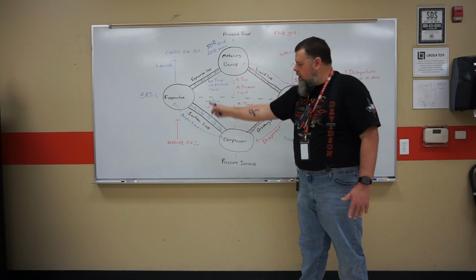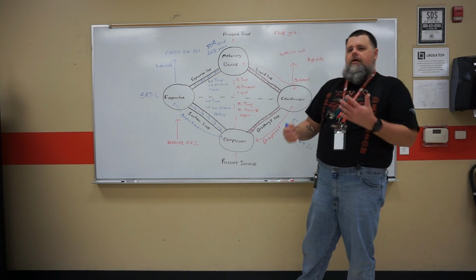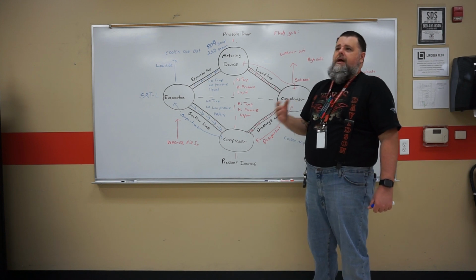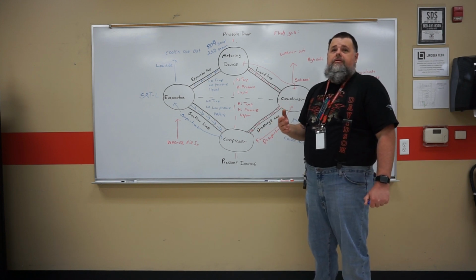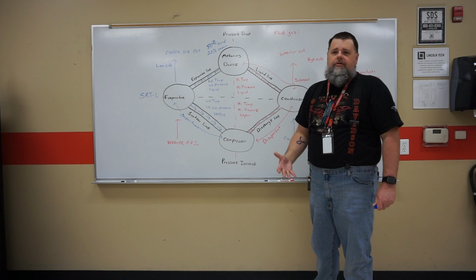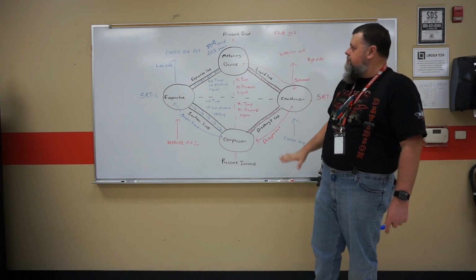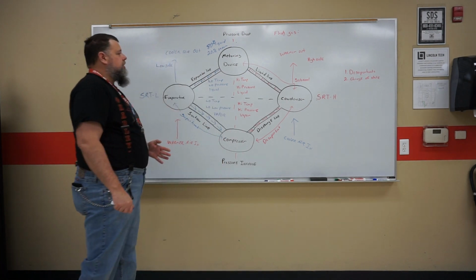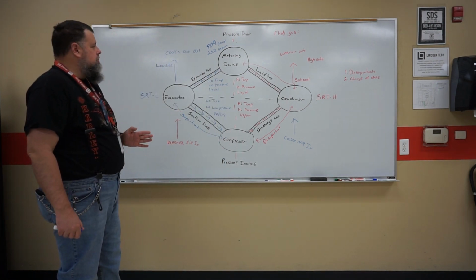And the flow will always go like this. Later on in later classes, we'll add other things in here to make the system do different things that we want it to, especially if we want to get real low temperatures. But right now, let's just stick to this part. So in a nutshell, this is your refrigeration cycle. This is what you should remember.